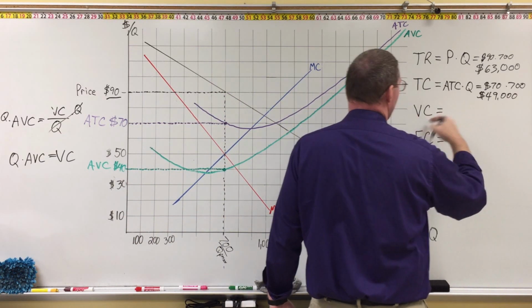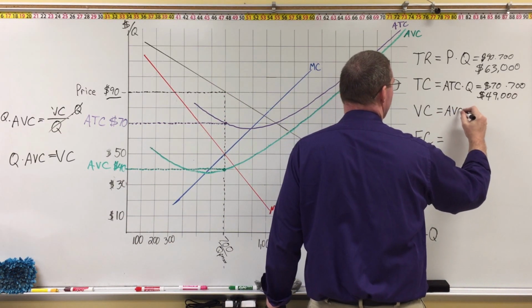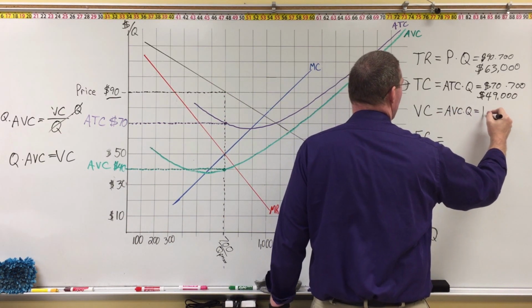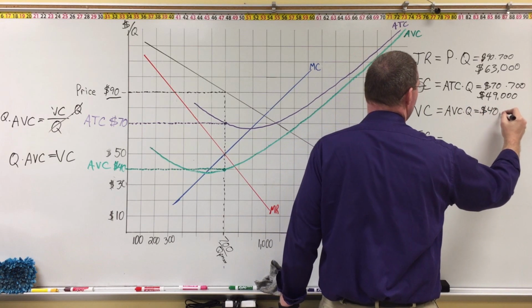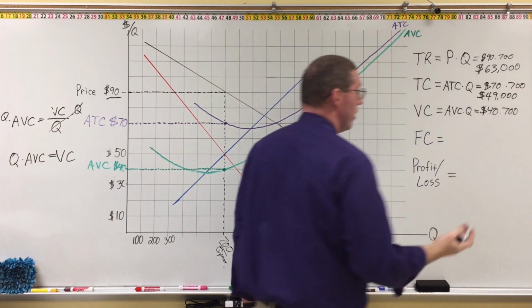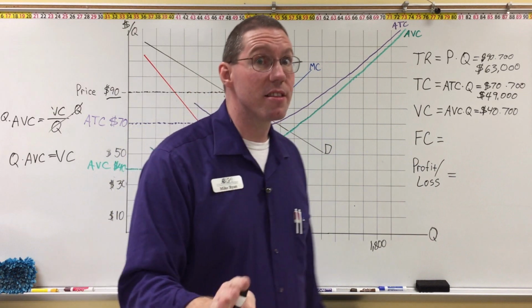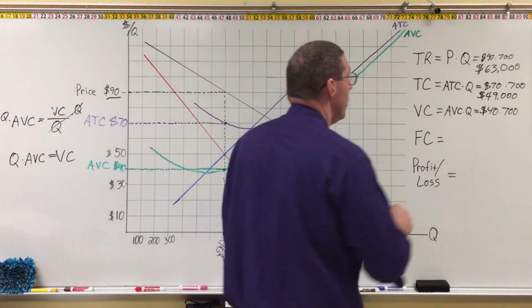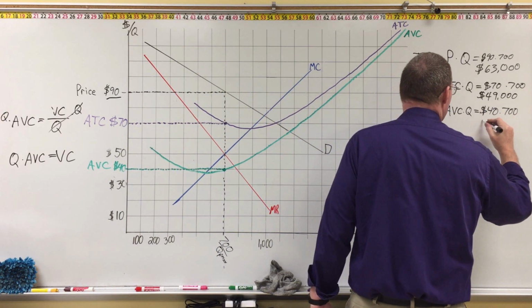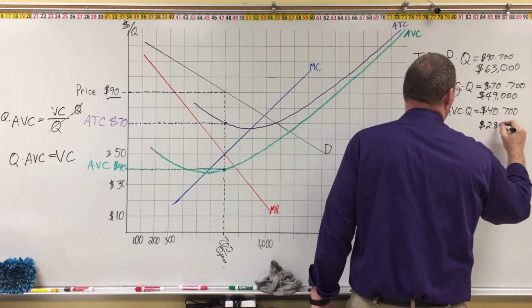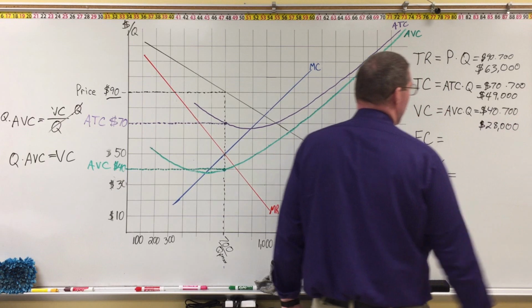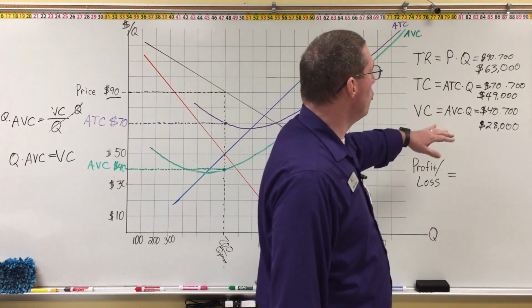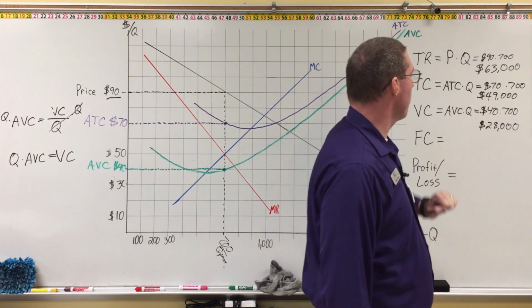So variable cost is going to be equal to average variable cost times quantity, which in this case is $40 times the profit maximizing quantity of 700. So this is the best they can do. This is the best financially that this company can do, and that's going to be $28,000. Now, here you can do a couple of things. To find fixed costs, all you really have to do is subtract variable costs from total costs.